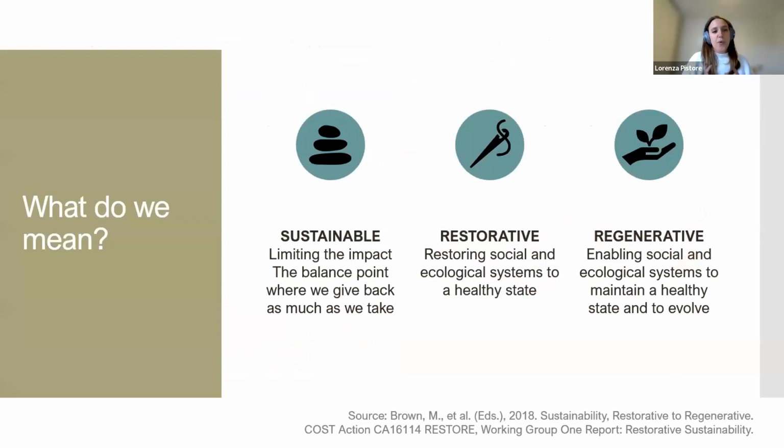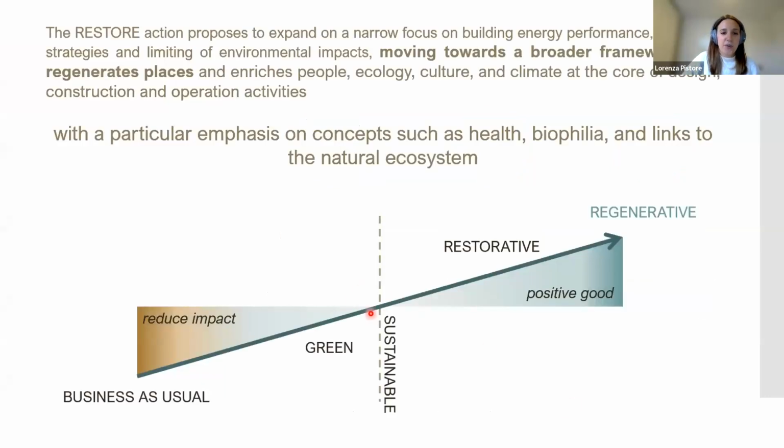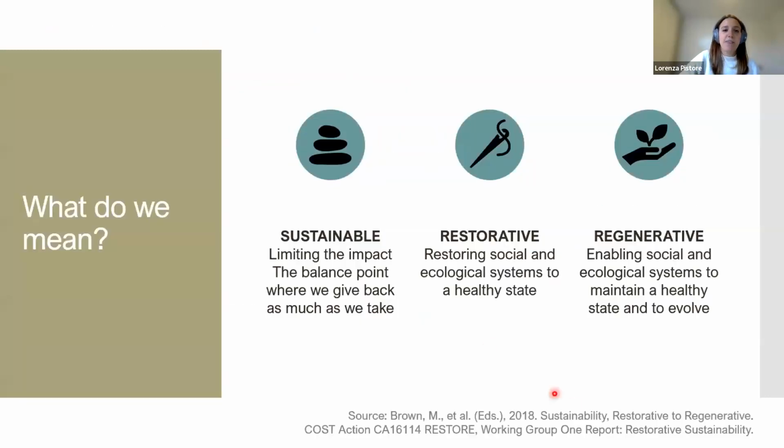Just to be a little bit more clear about the definitions here. With sustainable, which here was, let's say, the balance point, we mean just limiting the impact. So it's the balance point where we give back as much as we take. Then we move to the restorative approach, which means restoring social and ecological systems to a healthy state.